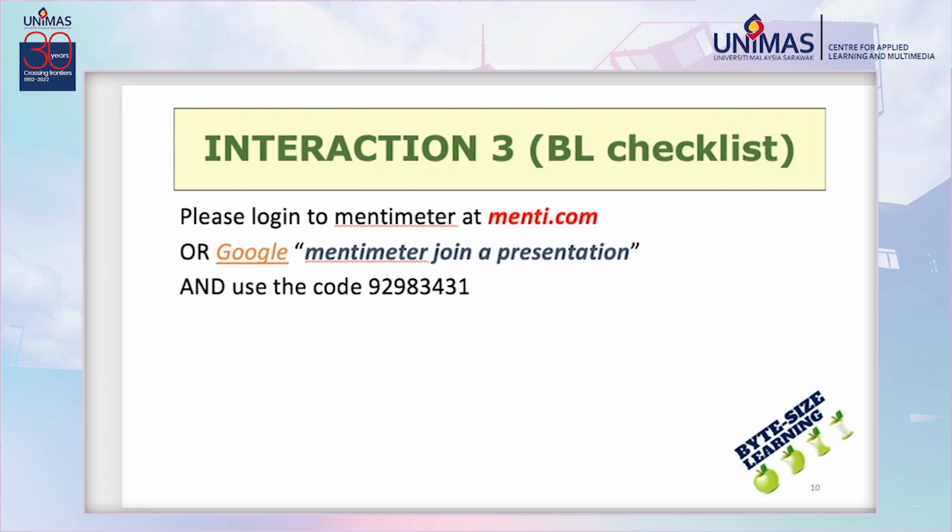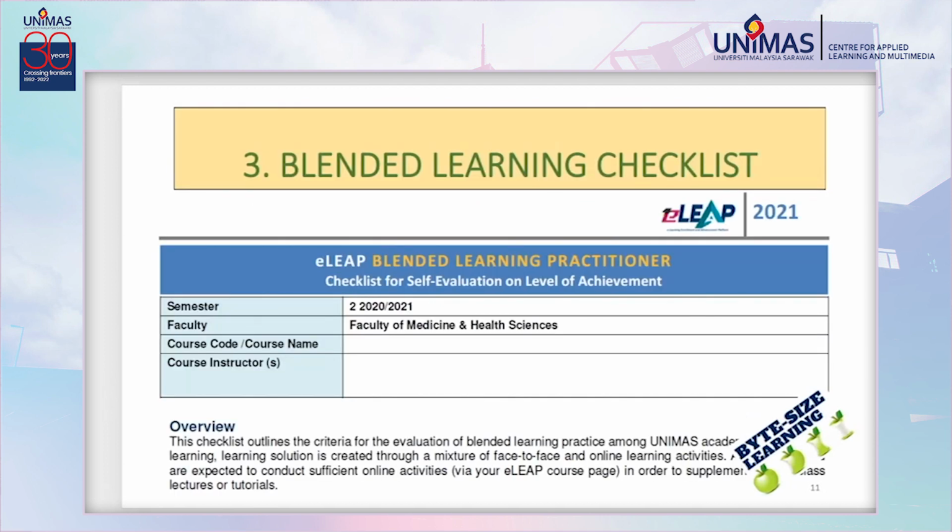Now let's look at what the blended learning checklist is. It is a document, basically a checklist for self-evaluation of the level of achievement that you have reached. That checklist gives you a breakdown of the things you need to do in order to get a certification at the end of the semester that you are a blended learning practitioner.